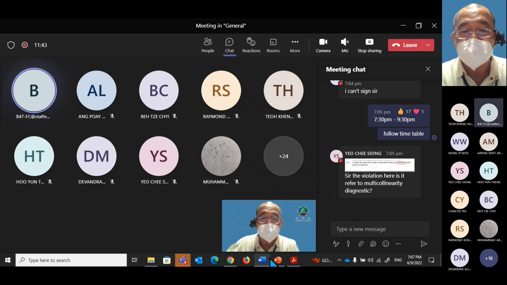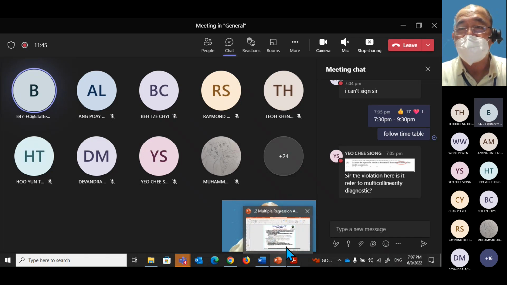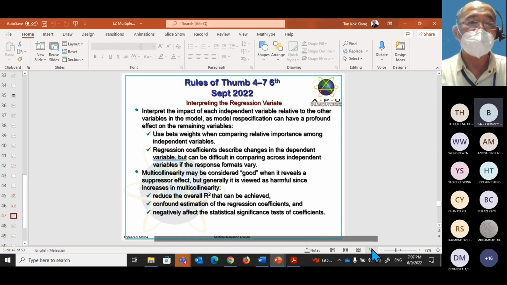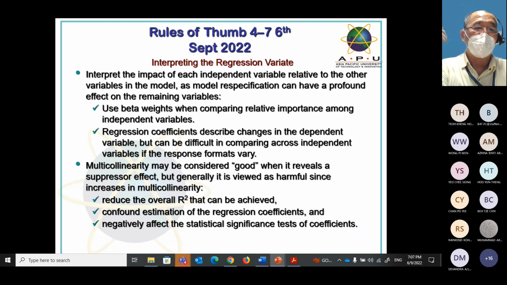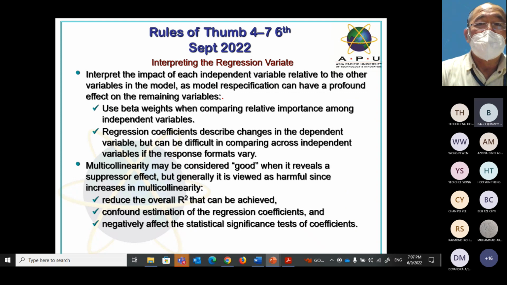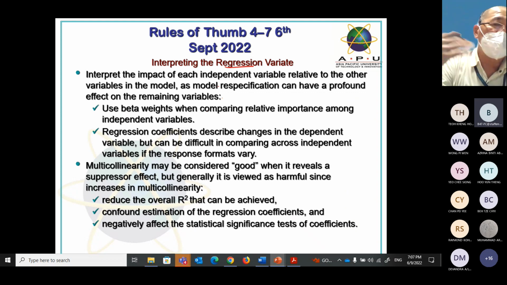So we continue with our discussion now. We need to interpret the result of the regression variable once you have done the output. Interpret the impact of each independent variable relative to the other variables in the model.